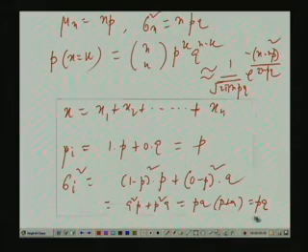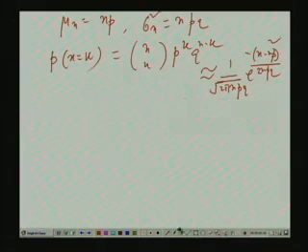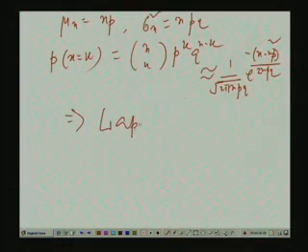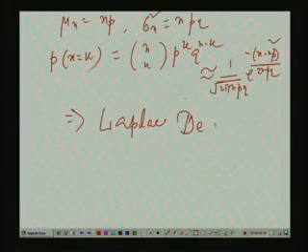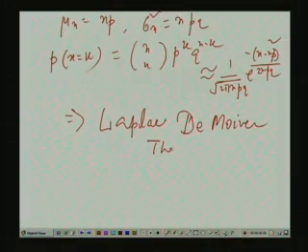This result has a name. This is called the Laplace de Moivre theorem.